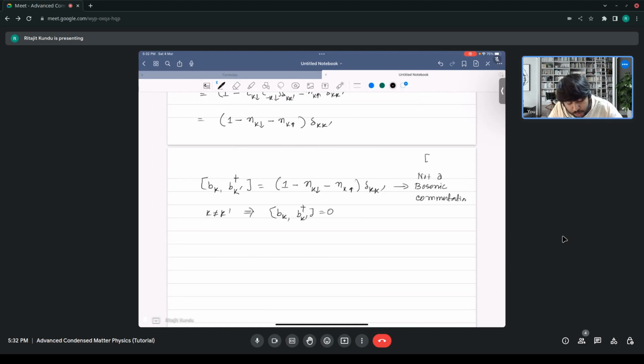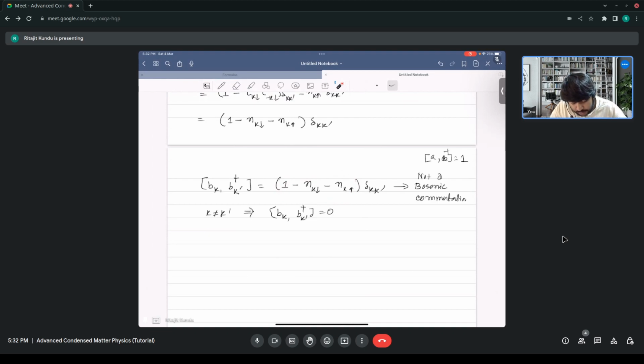Because for bosonic commutation you always expect that A and A dagger will be 1, okay? But here we don't see that. So this particular piece actually spoils the commutation, right?